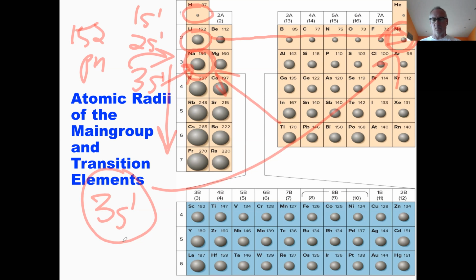Yes, Nick. So why do the transition metals seem to stop decreasing as they go across the period? Because they are moving their electrons in between s and p and d and f orbitals. We'll see that today. Remember, as we go way up in the energy levels, once we get up to about the fourth or fifth shell, the difference in energies between d and f and p are really, really small.